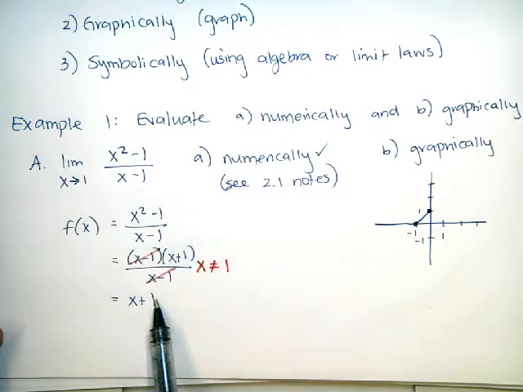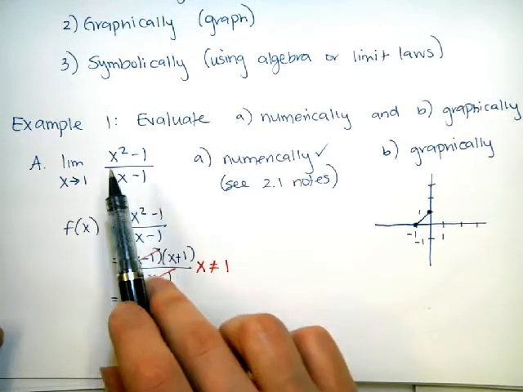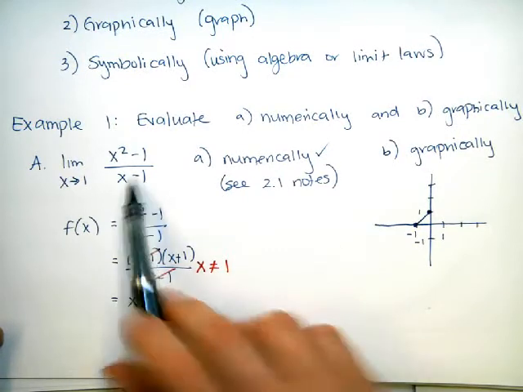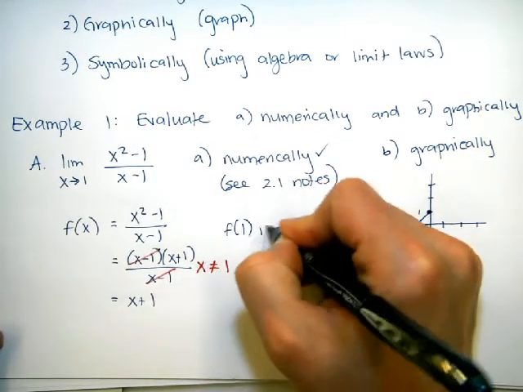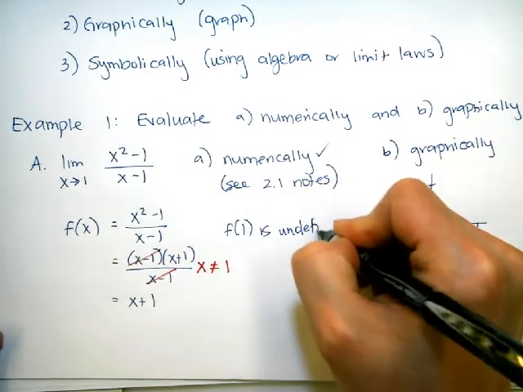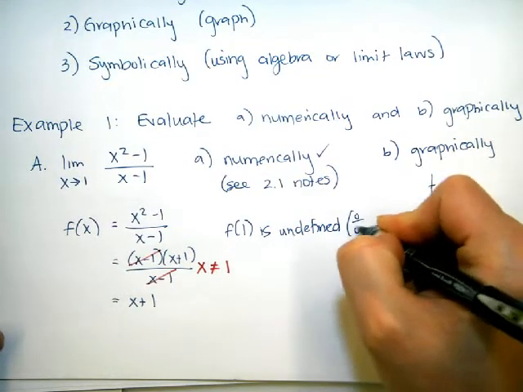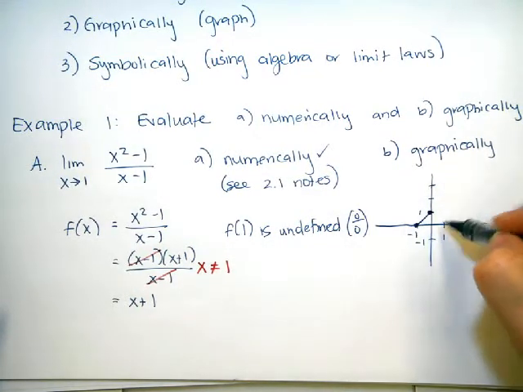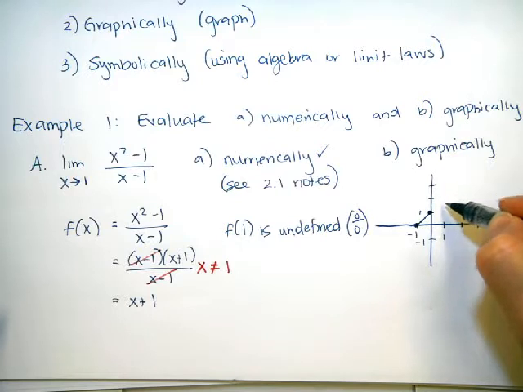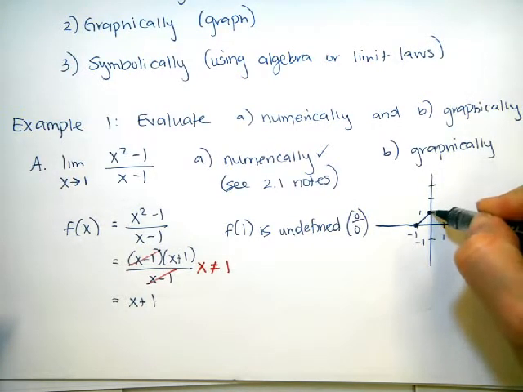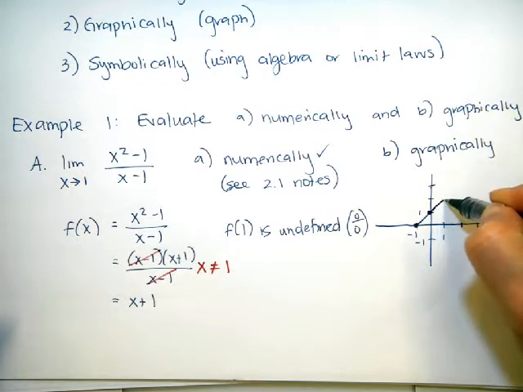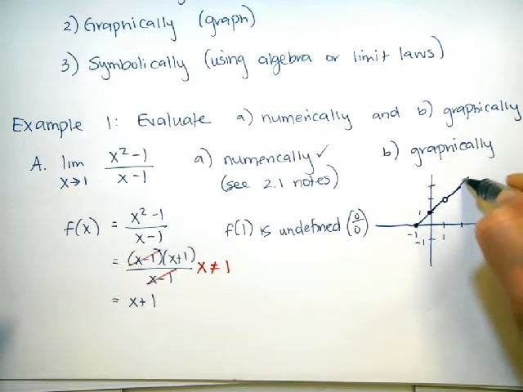The difference between those two graphs is that this one is undefined at 1. f of 1 is undefined, because I get that 0 over 0 situation. So there's going to be a hole at 1. If I keep going with this line, it's going to go this way. There's going to be a hole right here, because the function is undefined at 1, and then it's going to keep going.